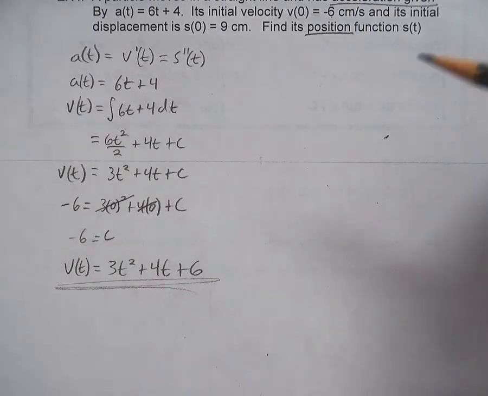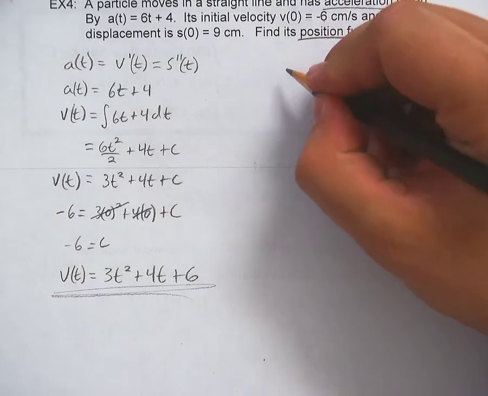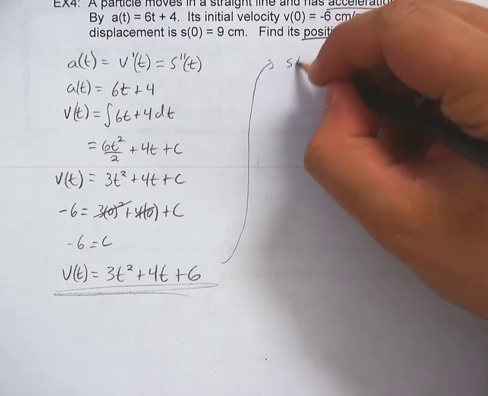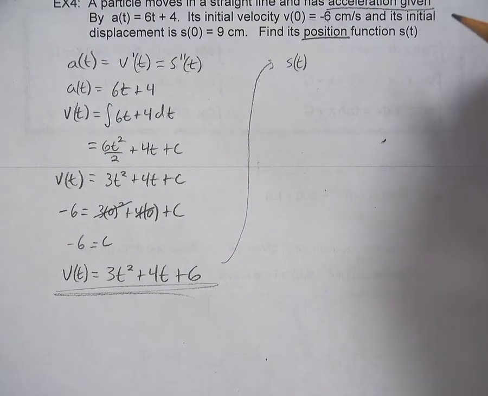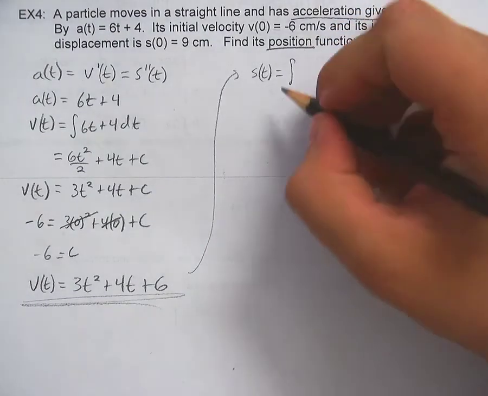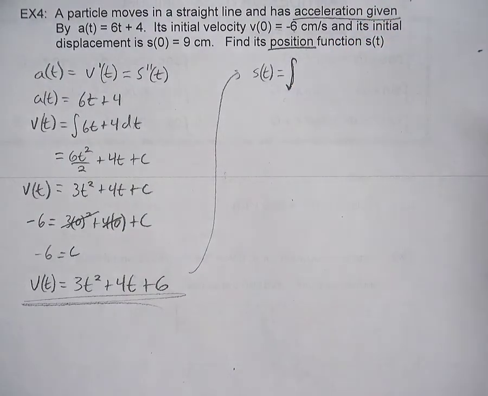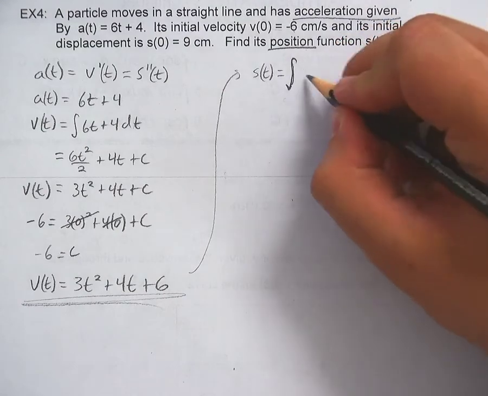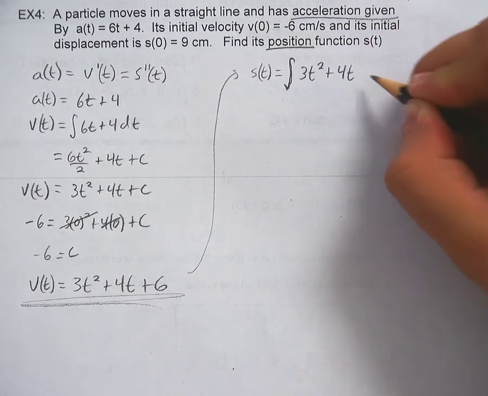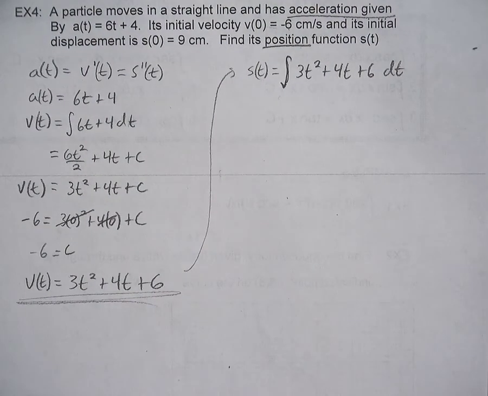The question wants me to find its position, so I'm going to have to do that one more time. So, coming up here, position, s of t, is going to be the integral of velocity. 3t squared plus 4t minus 6 dt.